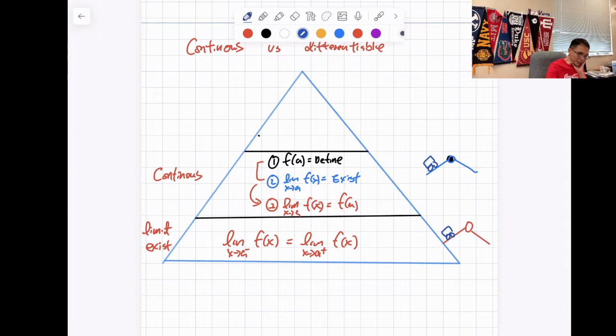So according to the analogy, I'm going to write analogy, not a real situation. Think about this roller coaster. Analogy-wise, this one is connected, and this one is actually a broken roller coaster.